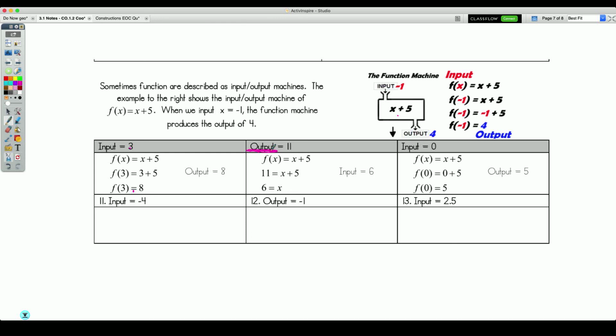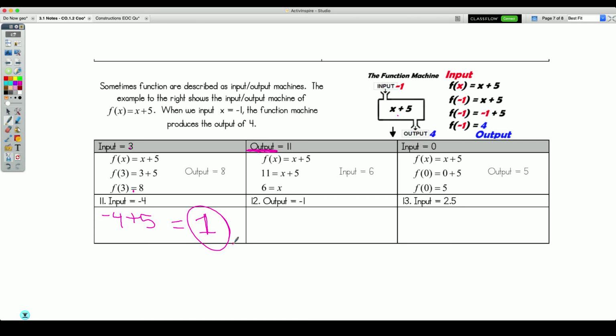My input is -4. I'm going to plug it into my function, so that just tells me to add 5. -4 plus 5, or 5 minus 4 is what? +1. The 5 is a bigger number, so it stays positive.